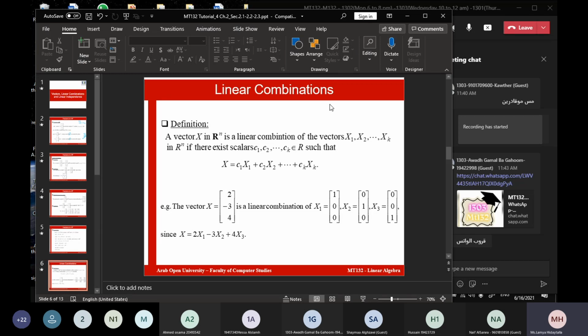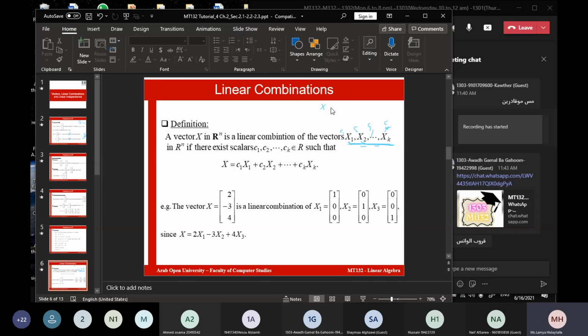If we have some vectors x1, x2, up to xk, and I can find a new vector x by doing a linear operation, meaning I multiply the first by a number, let's call it C1, and the second by a number, let's call it C2, and the third by C3, up to the last one times a number, let's call it Ck, real numbers, and then add up.